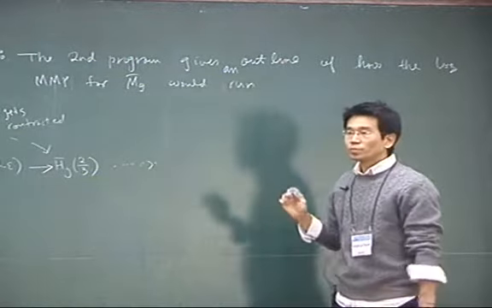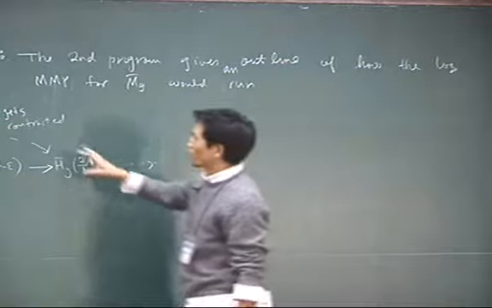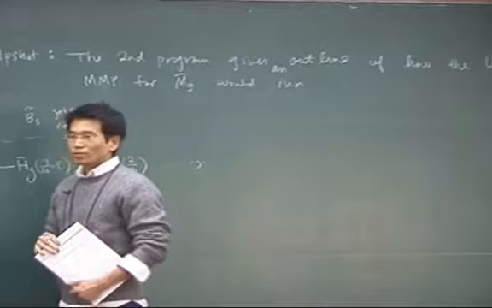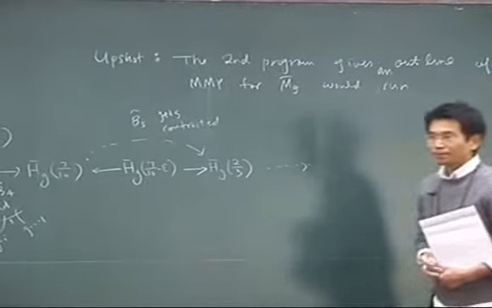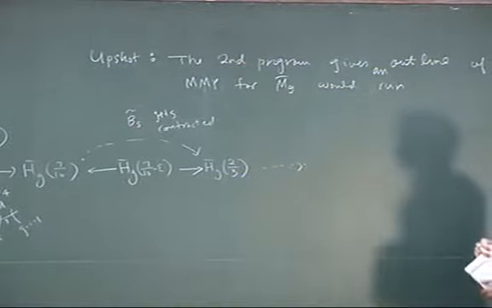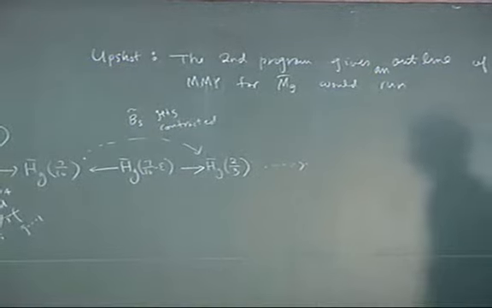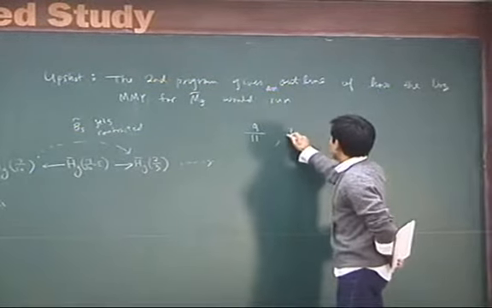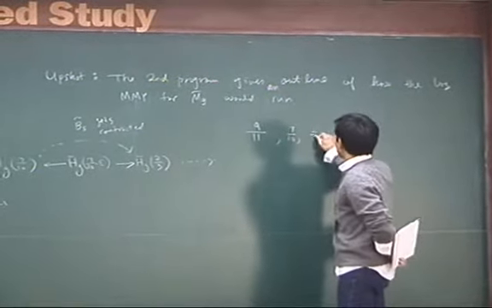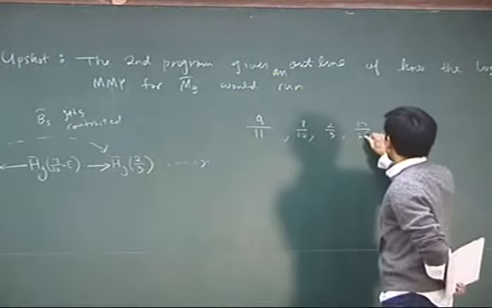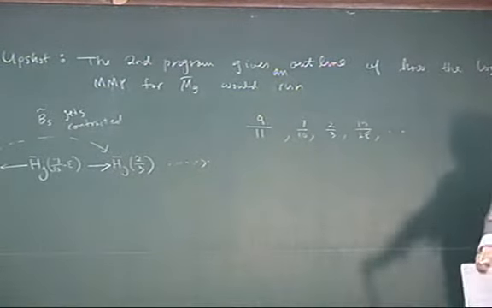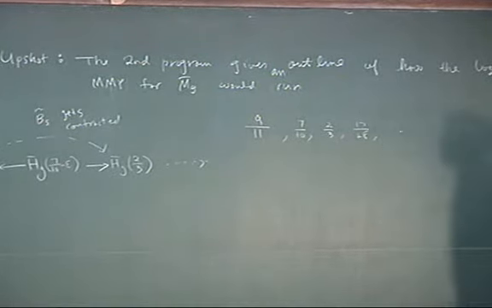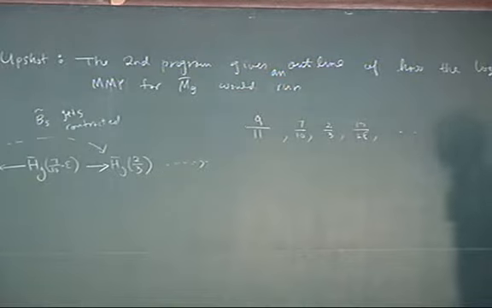So if you compute the critical values for HG bar alpha, then those will be critical values for log MMP for MG bar. One of the questions that I get most often is, you've got these critical values, 9/11, 7/10, 2/3, 17/28, and so on. And one of the questions that is often asked is, well, are there any patterns?